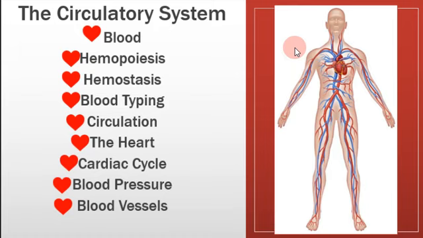Circulation. It's called the circulatory system for a reason. There's a pump that circulates everything through your body. The pump is called the heart. We have something known as the cardiac cycle. And there's a thing that causes all of that: blood pressure and blood vessels. So we'll be covering all of these things throughout here.